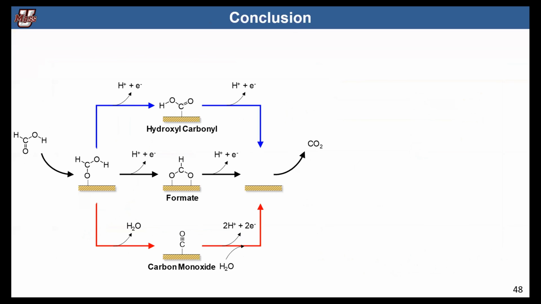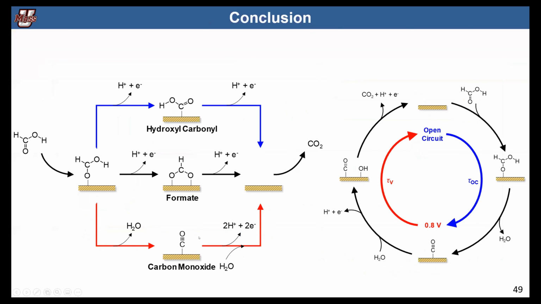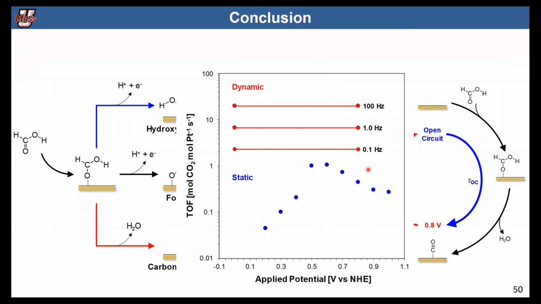So in conclusion, by understanding what the mechanistic pathways are and leaning into this CO-mediated pathway rather than avoiding it, we can take advantage of a potential dynamic catalytic system, and we can eventually get past what's available to us just under steady state conditions.